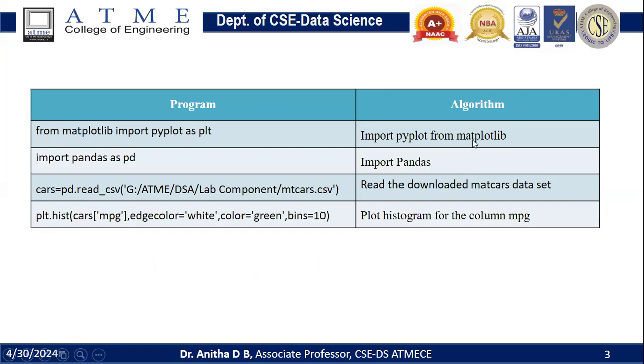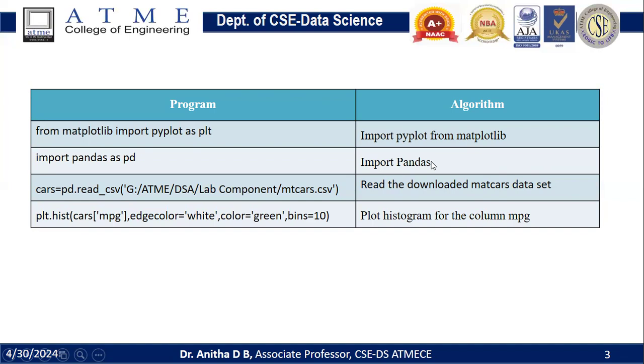For this program, we need to import the library, that is matplotlib, then another library, pandas. Matplotlib is required for plotting any kind of data, that is plot in different forms like line chart, bar chart, histogram, pie chart.